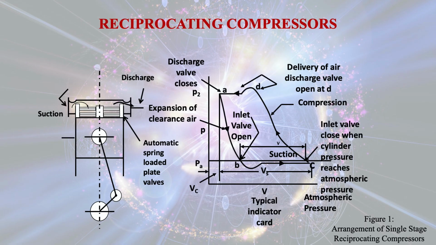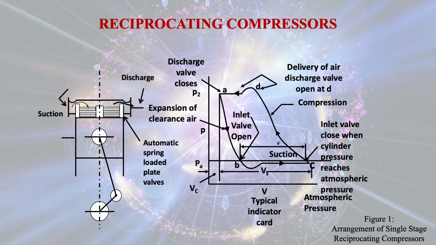On the left side, you will see the piston cylinder arrangement where the compression process is going on. The piston will move from top dead center to bottom dead center during the suction process, and from bottom dead center to top dead center for the compression process.